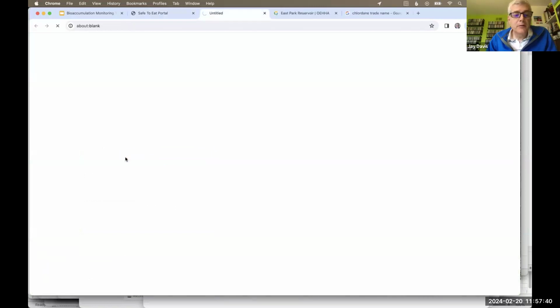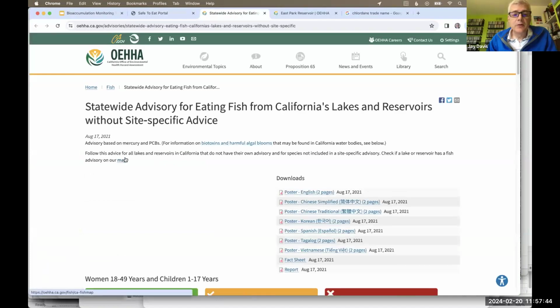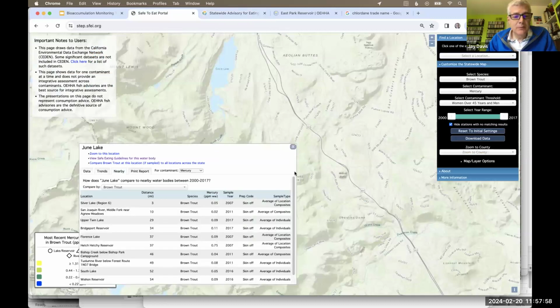Looking at the safe eating guidelines, there's no advisory for this water body, so you get the statewide advice, the general advice for lakes statewide. And then for nearby lakes, it's just showing brown trout.